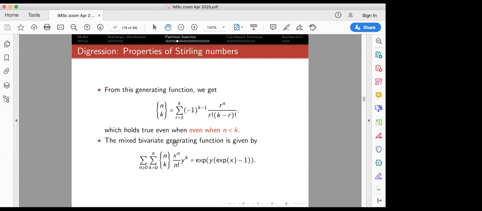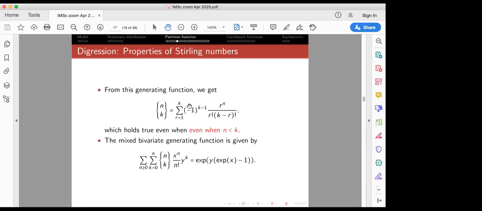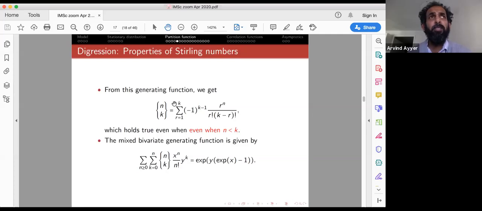Sorry, what do you mean holds when n is less than k? You have defined it only when n is bigger than k. Yes, this formula as stated holds when n is less than k. But I'm just making a statement that I can replace this k over here, this sum, not these k's, just this k, with something arbitrarily high, and it won't change the answer. This is somewhat surprising if you haven't seen it before.